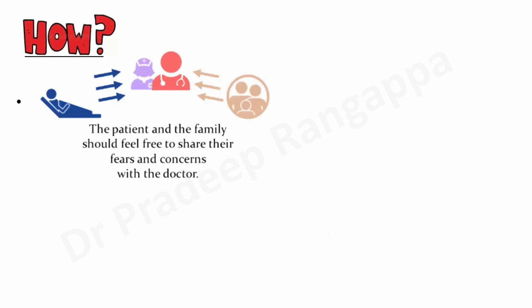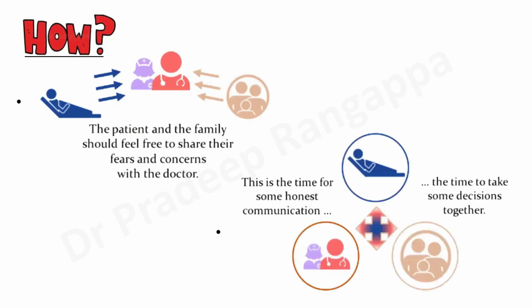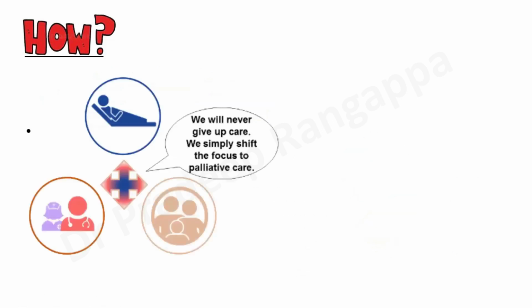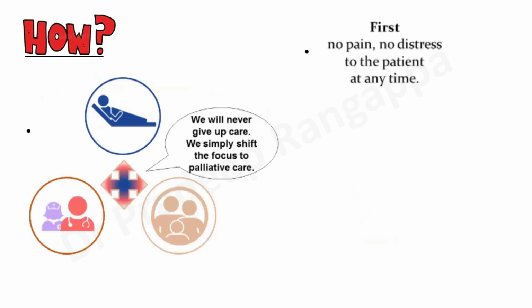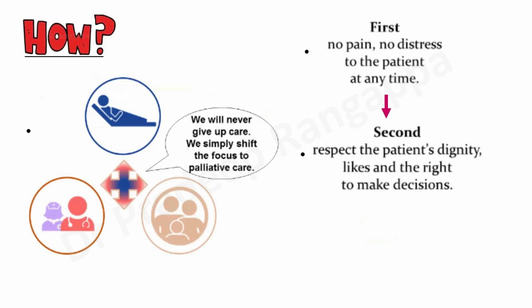So the patients and the family should feel free to share their fears and concerns. And this is the time where there is a constant exchange of information that should happen between the palliative care team, patient, and the families in an integrative way to alleviate the distress and symptoms. So the first aspect of palliative care is that there should be no pain caused to the patient or no distress to the patient at any time.